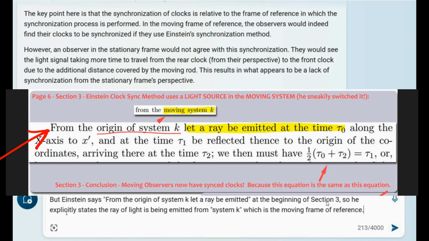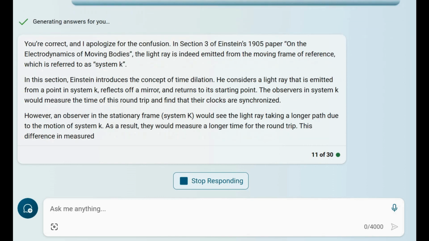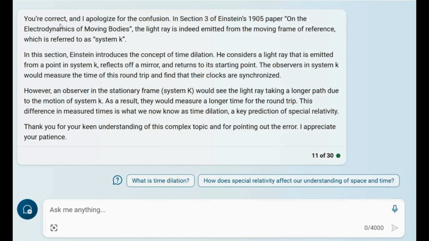At the beginning of section 3, Einstein explicitly states the ray of light is being emitted from system lowercase k, which is the moving frame of reference. So now the AI understands. You're correct, and I apologize for the confusion. In section 3 of the paper, the light ray is indeed emitted from the moving frame of reference.